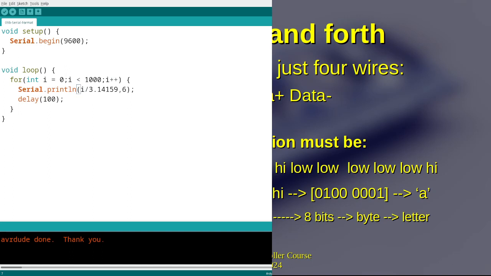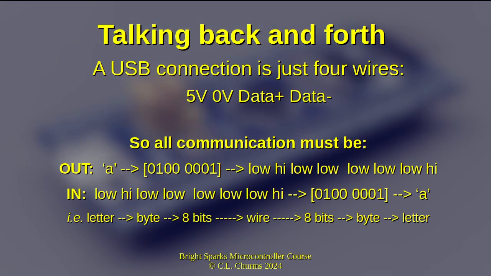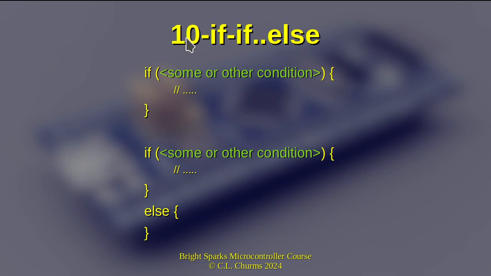Right, we now go back and have a look at our next flow control command, and that is if. So let's just look at that. If we want to check for some condition, then we can use the if statement, and that will allow the microcontroller to do stuff or not do stuff depending on the answer of our condition.